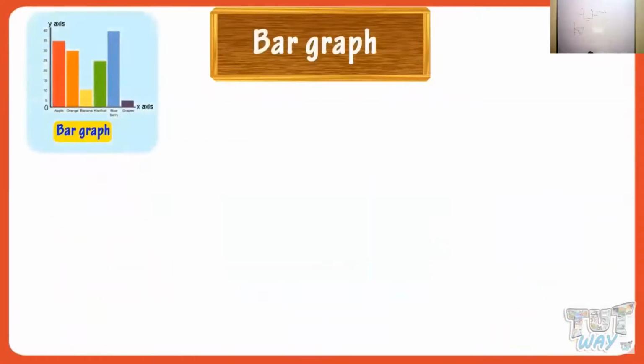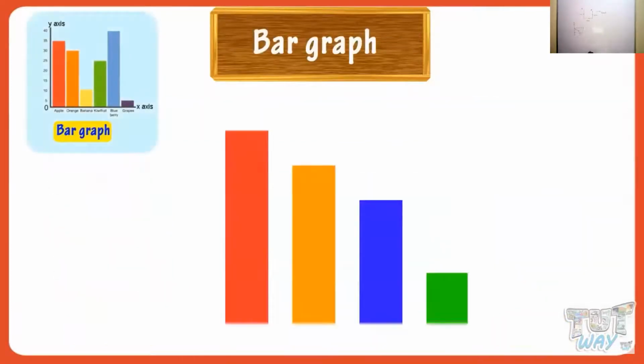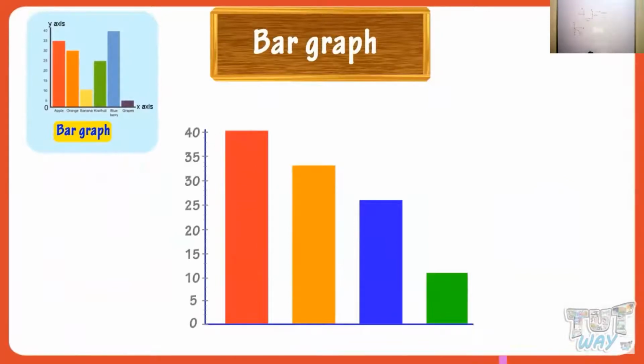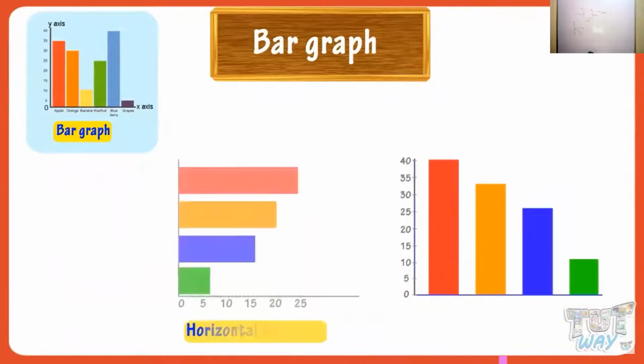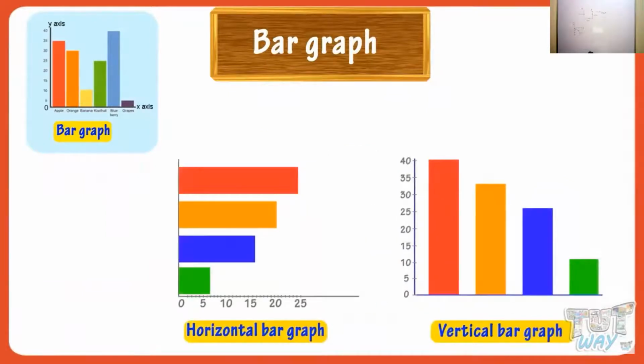A bar chart is a chart with rectangular bars, where the length of bars represents the value of something. And there is a scale along the length of bars which is used to measure the length of bars. The bars can be plotted horizontally or vertically. Bar graphs are used to compare the values of given items at any given point of time.